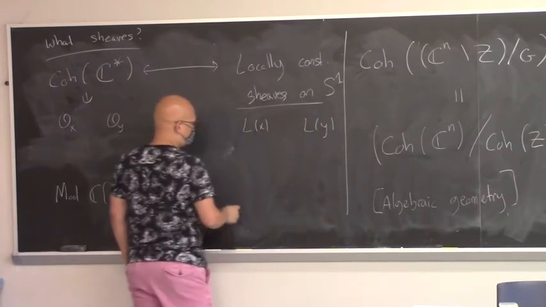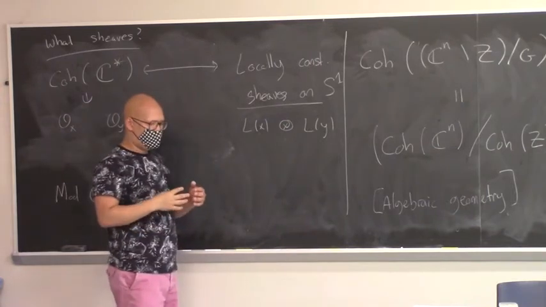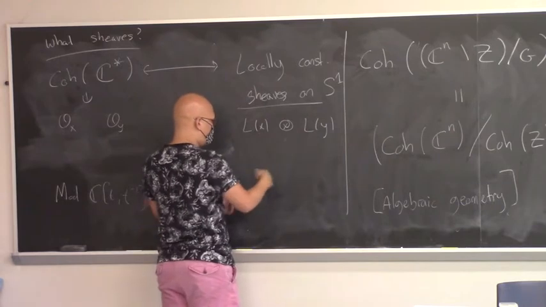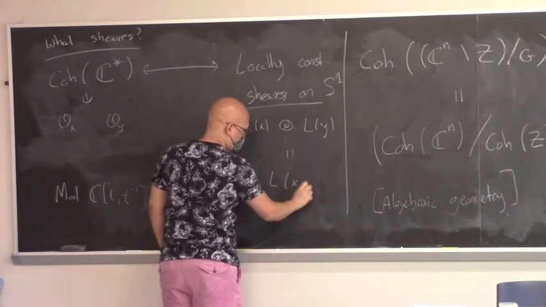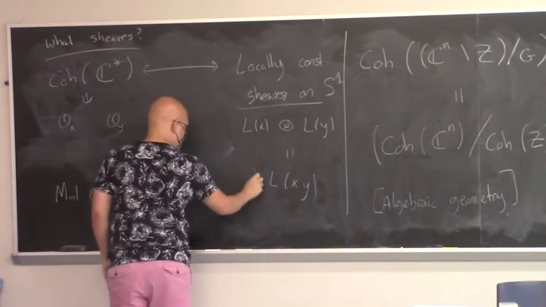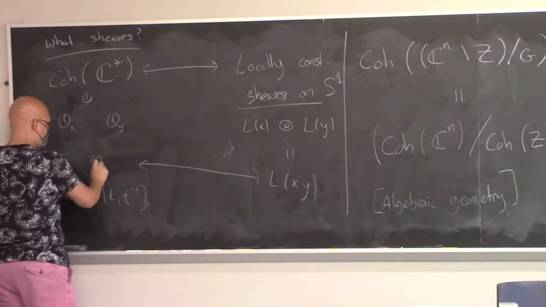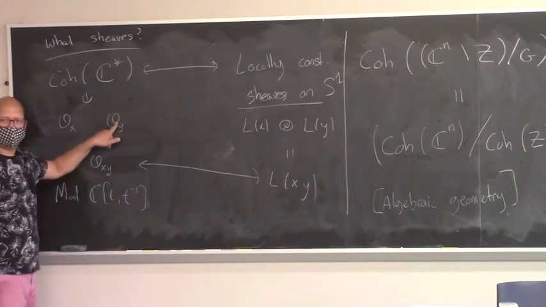Those are the rank 1 locally constant sheaves. If I tensor them, well, then the tensor is a functor, so the monodromy is multiplied. So this is L_xy. And if I go back over here, what is that? That's O at xy. Which is certainly not the tensor product of these sheaves.